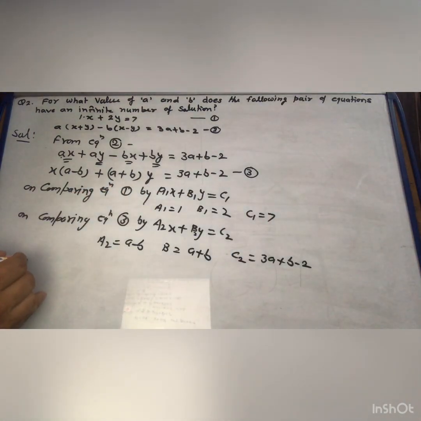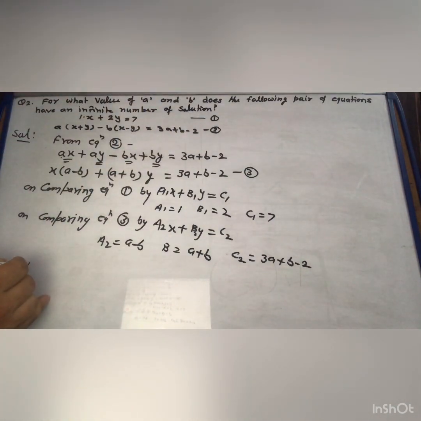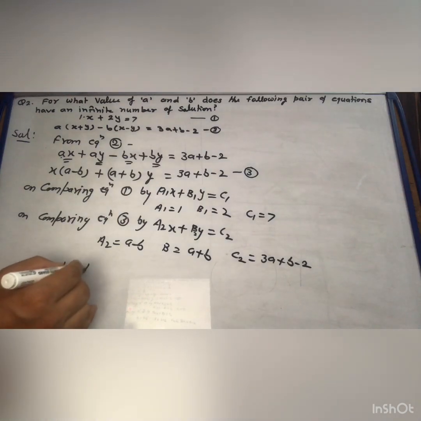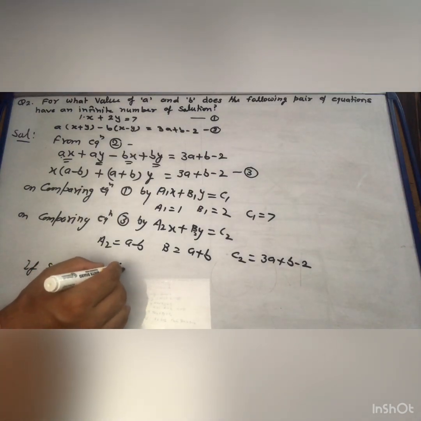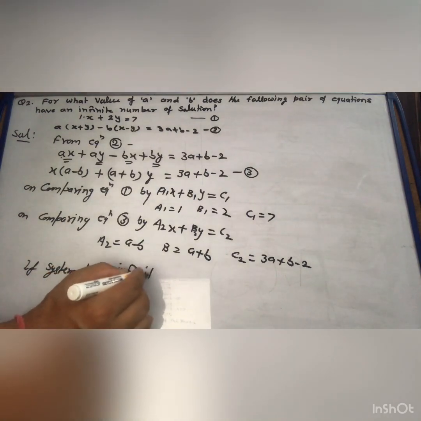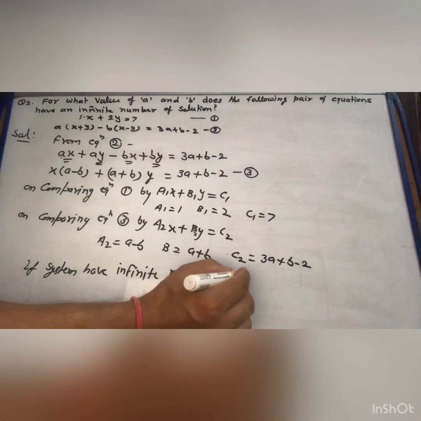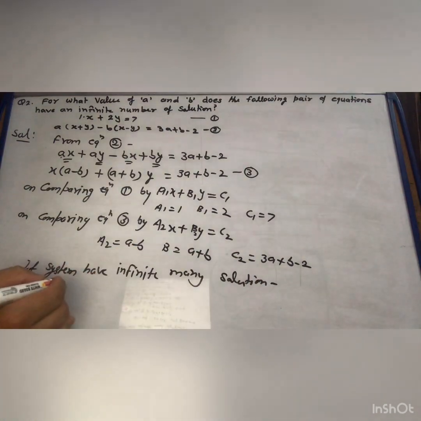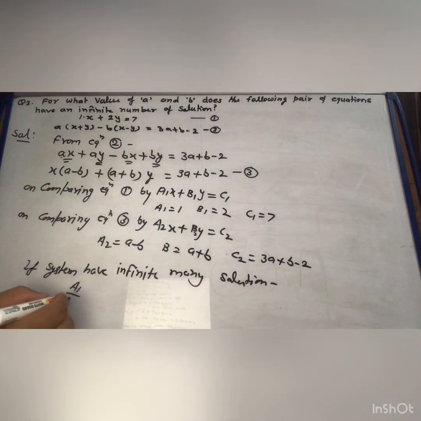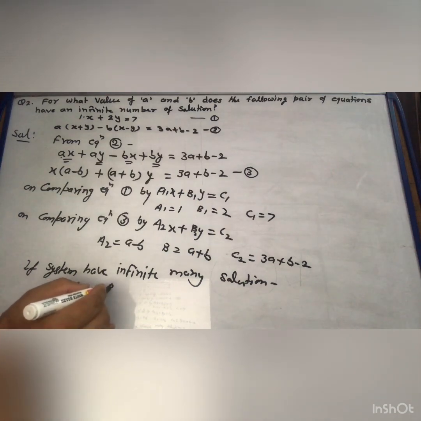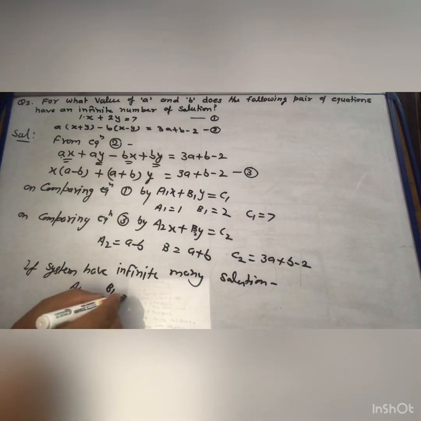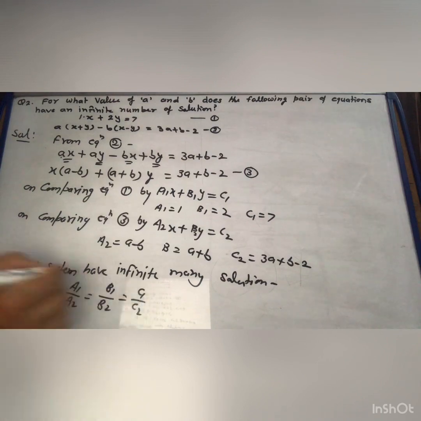But you know that the condition given is infinitely many solutions. If a system has infinitely many solutions, then a1 upon a2 equal to b1 upon b2 equal to c1 upon c2.